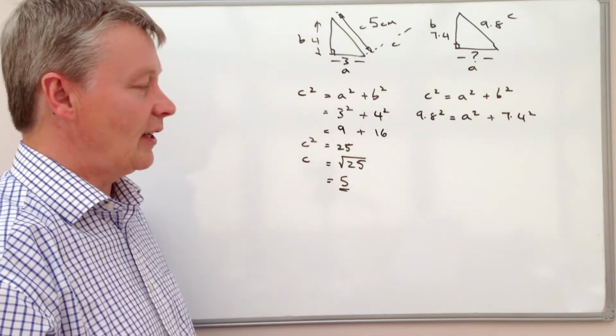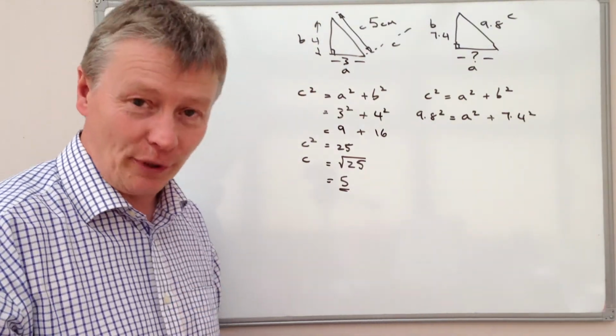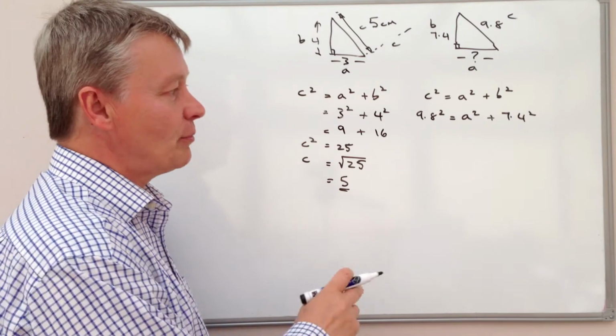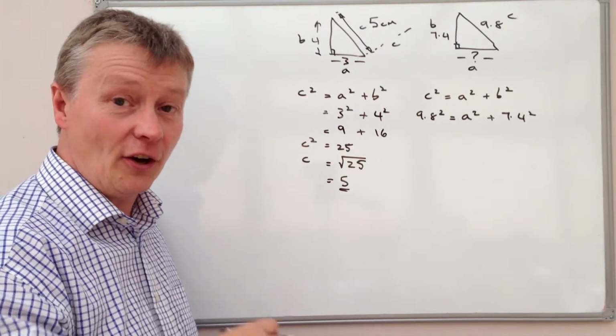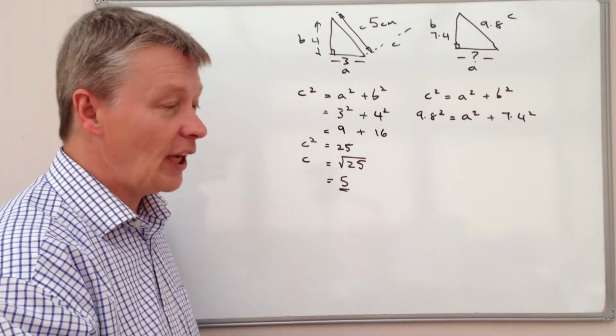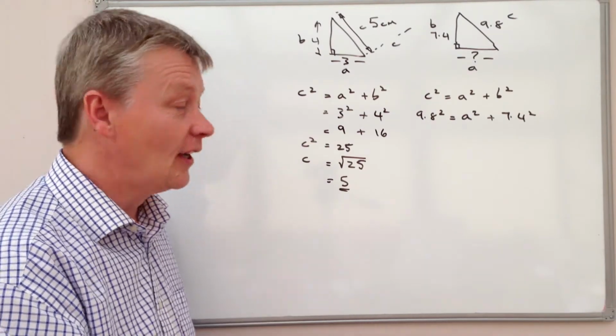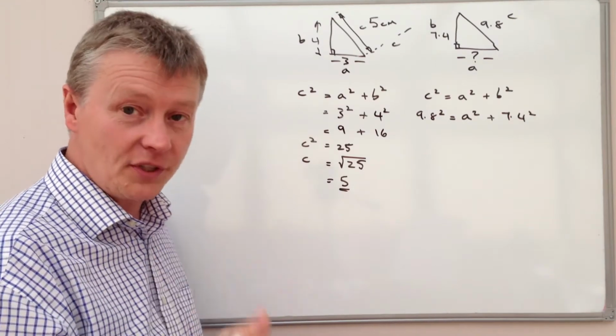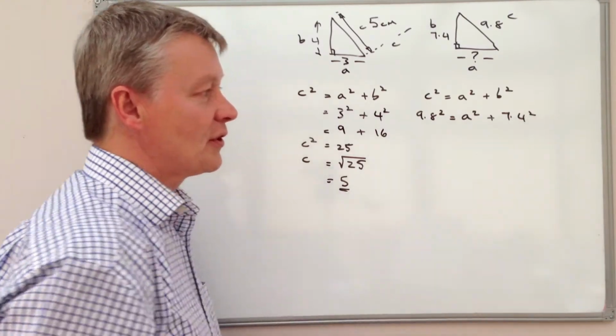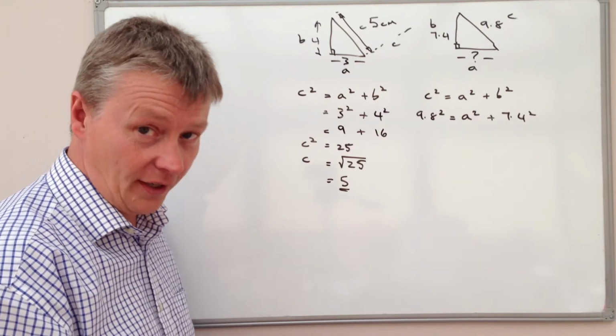Okay, now this is where it gets a little bit trickier, and you'd need to be able to manipulate this equation so you get A on one side and your calculations on the other. The way I would do it is I would take 7.4 squared from each side.